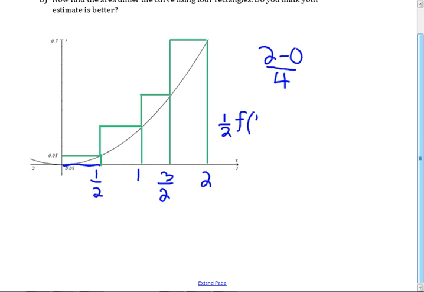That's the first point. Plus, the base I want to choose all to be the same, 1/2. Then it's going to be f of 1. But I'm going to make that 2 over 2, because I'm looking for patterns. Plus 1/2 times f of 3 halves.